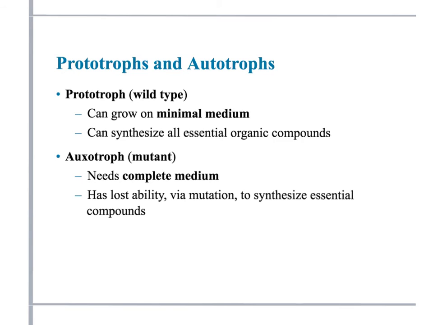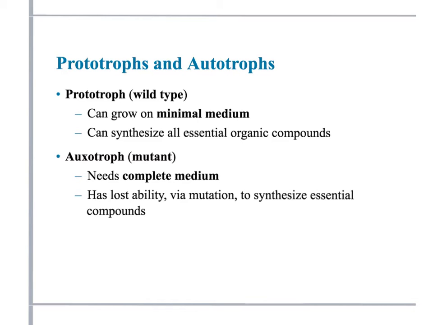So a couple of definitions here: prototrophs and auxotrophs. The prototroph is the wild type or the common, and that can always grow on the minimal media because basically the prototroph is self-sustaining, and it's able to synthesize all the organic compounds that it needs based off that minimal amount of nutrition.